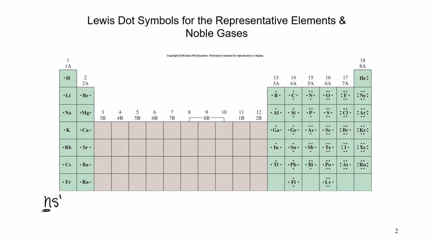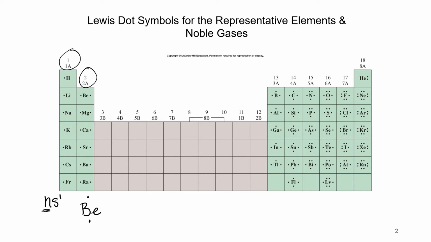If you look at group 2A with two valence electrons, and remember these are also given by the group number for the main group metals, they each have two electrons, and you'll notice they are placed opposite one another around the symbol. So this would be acceptable as well.